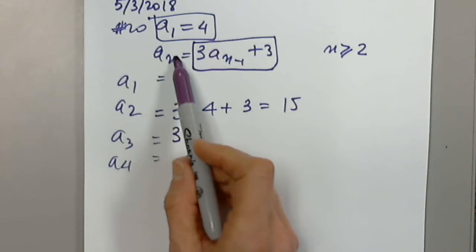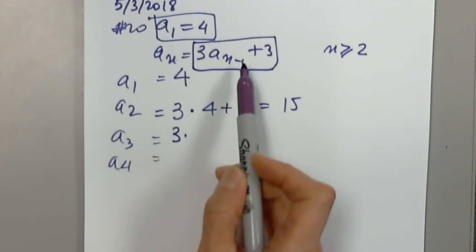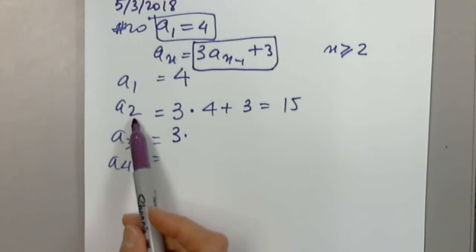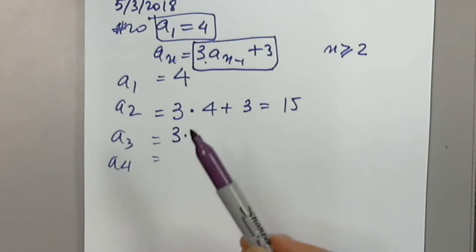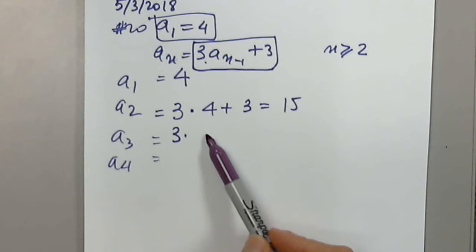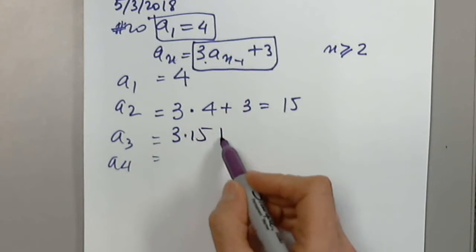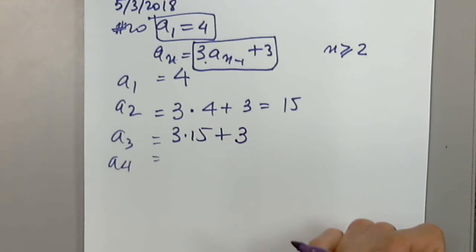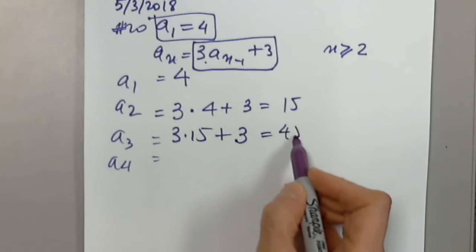If this number is 3, then this is 3 minus 1, which is A2. I copy the previous term that I just determined, 15, times 3, and then plus 3. So this is 45 plus 3, 48.